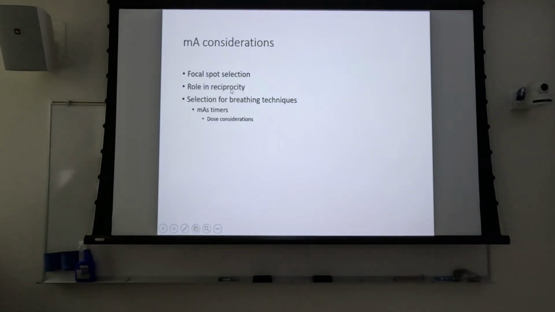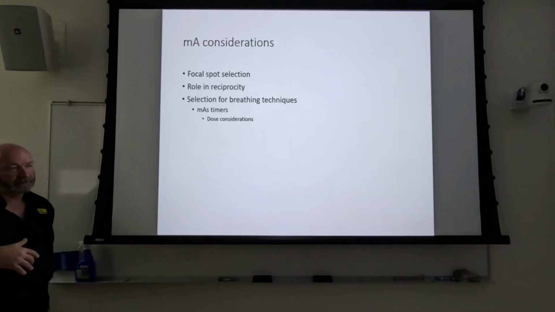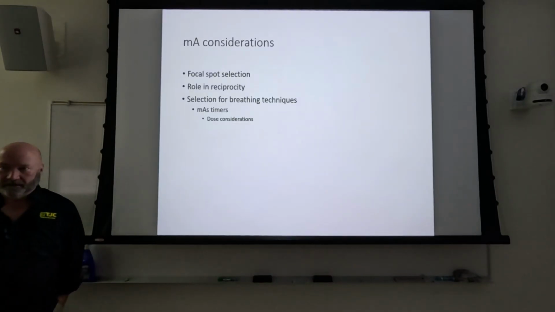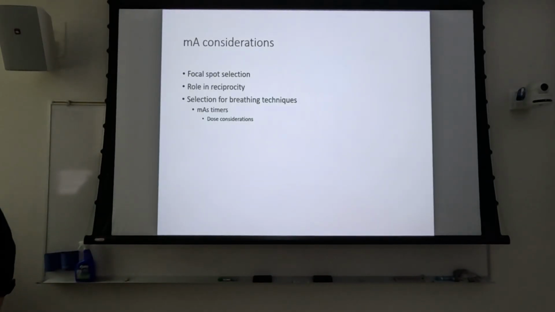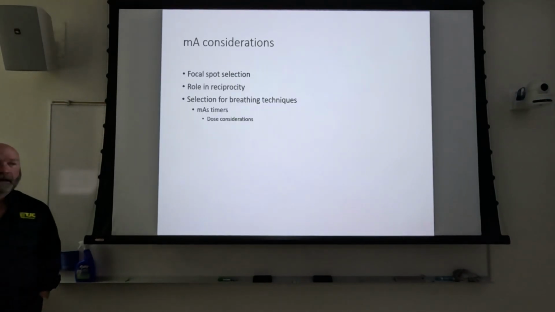So when we change focal spots, this was on the last test, we should not see a reduction in output from the X-ray tube as long as our X-ray tube is working properly.